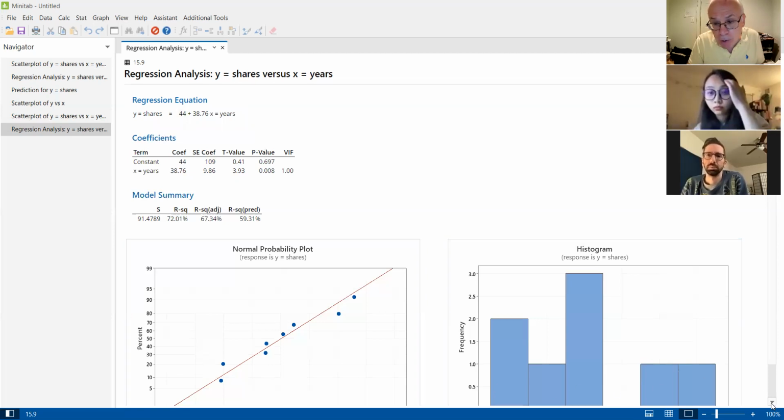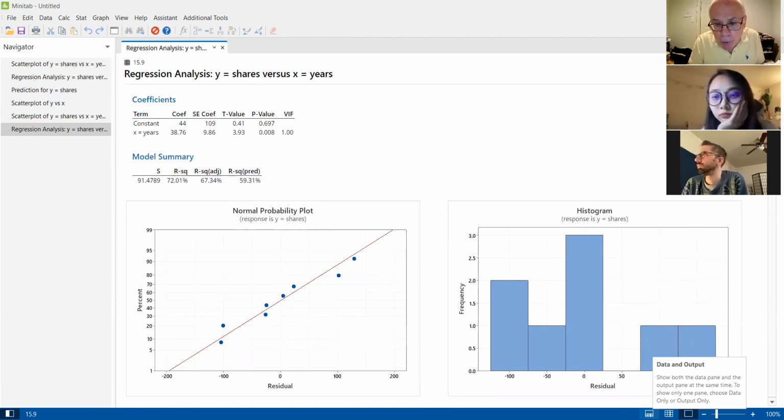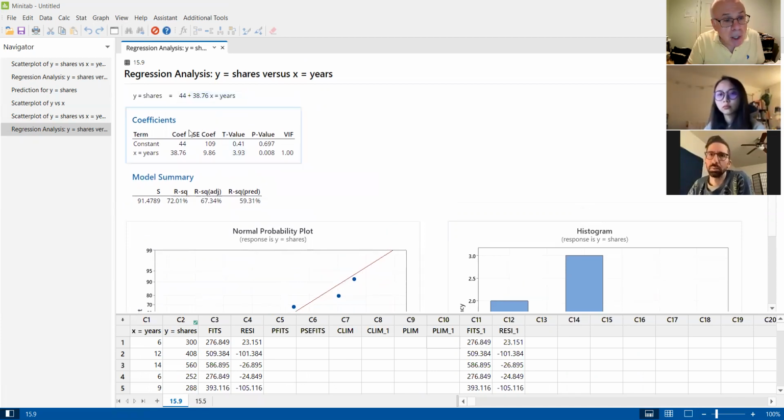If you go back to the table, notice that if you plug in 6 into that equation up here, you do not get exactly 276.849. You get a different number, a little bit smaller than this. And then you're going to start scratching your head and say, what's the problem? Well, the problem is the rounding. So this is not a reliable equation to use.